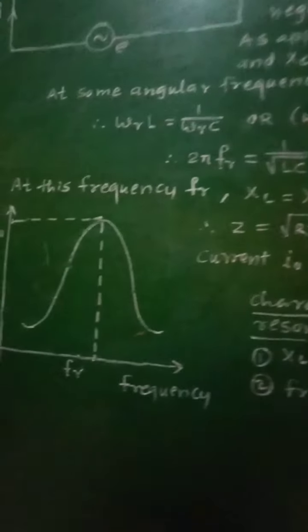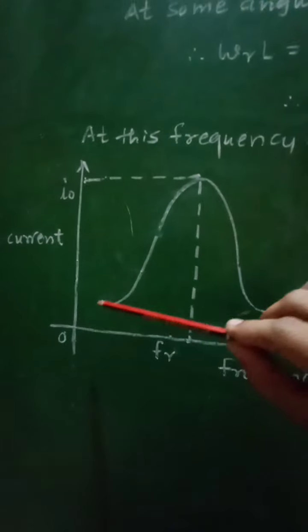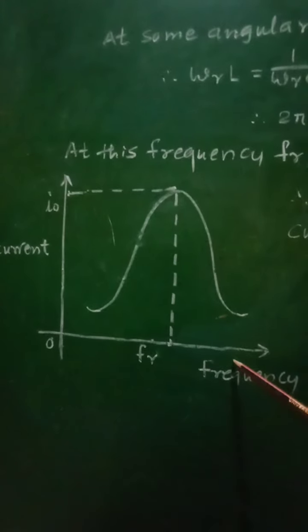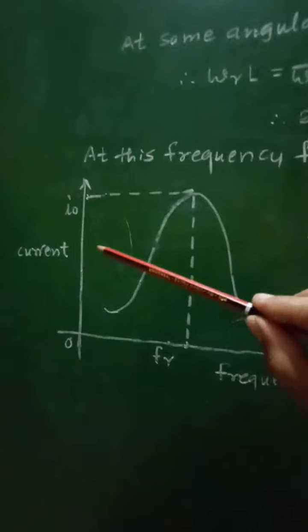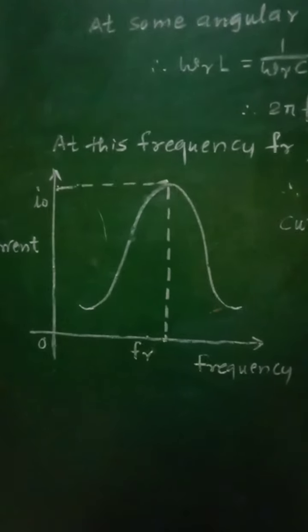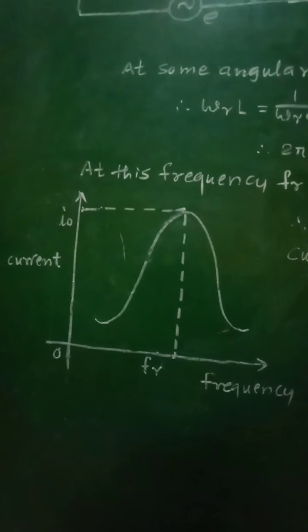The nature of the graph is as shown. The RMS value of current is plotted along the y-axis and frequency along the x-axis. Then the graph of RMS value of current versus frequency is as shown in the figure.